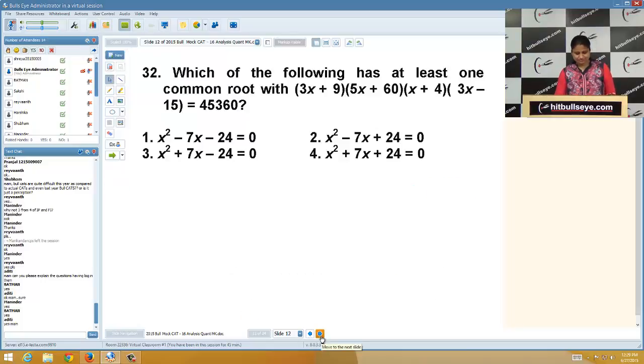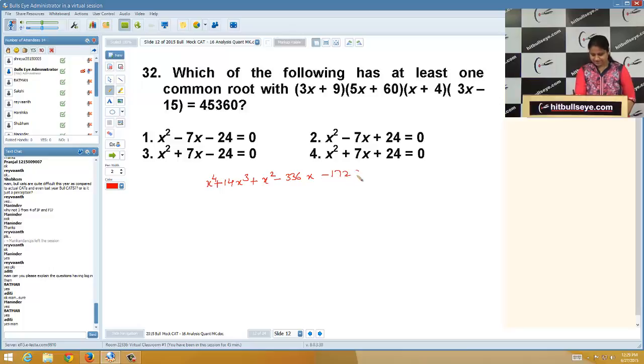So let us move. Yes, now this was a difficult question. I don't have any shortcut for this. I tried a lot. Any one of you, please, if you have, provide any shortcut for this. The only thing I was able to do was expand this.